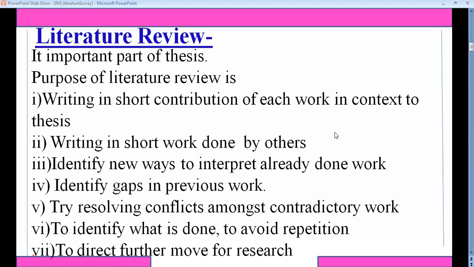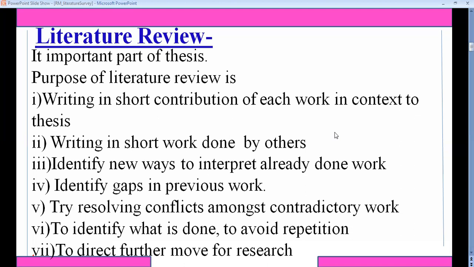We can get a quick glance of what the people have done, what parameter they have varied, which geometry or which condition they have taken into account. So write maybe 7, 8 lines in the literature review and also make the table. The table will give a quick idea about the various research done by various researchers.